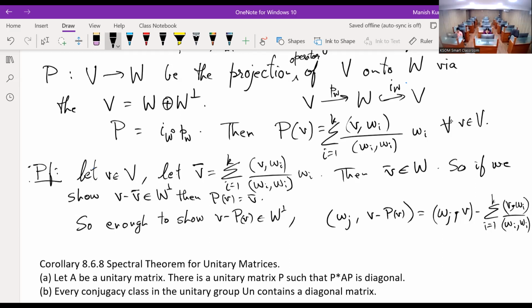That is the definition of PV: PV is that element of W such that v minus PV is in W perp.